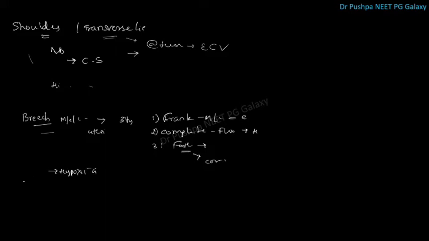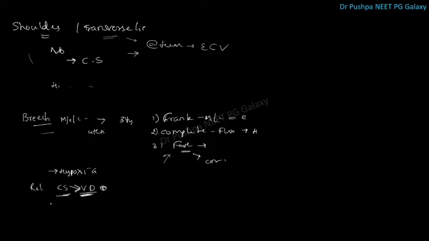So what is the absolute indication for cesarean section in case of breech presentation? That is footling. There are relative indications for cesarean section, that is, cesarean section is preferred over vaginal delivery in some cases of breech presentation. It doesn't mean that vaginal delivery is contraindicated. We prefer cesarean over vaginal delivery.